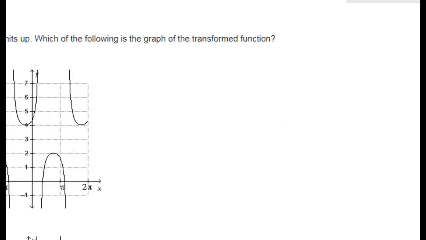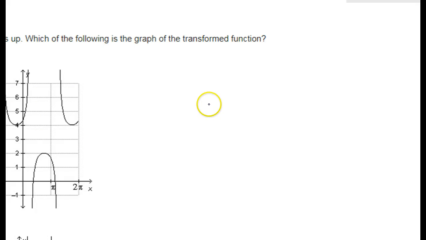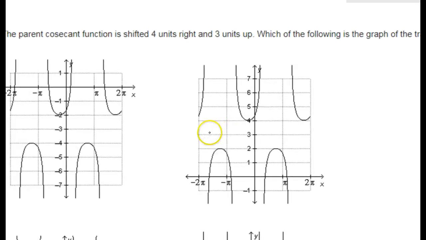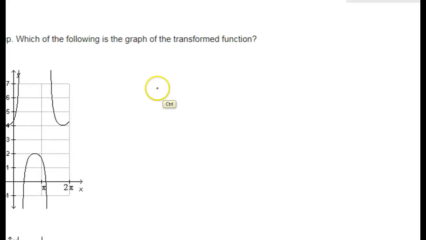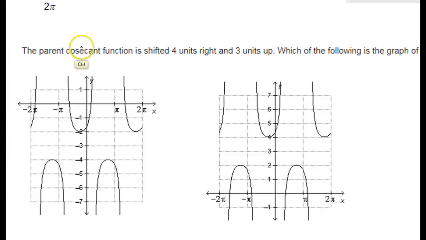So just real quick off to the side, let me give you a brief lesson on how we graph a cosecant function in the first place. Well, cosecant is the reciprocal of the sine function. Cosecant is 1 over sine.